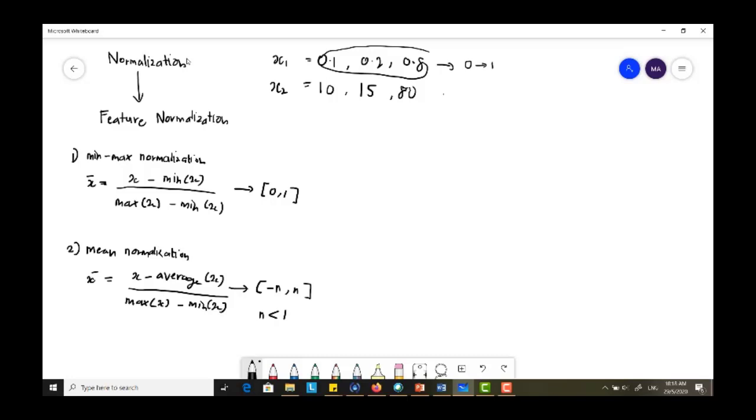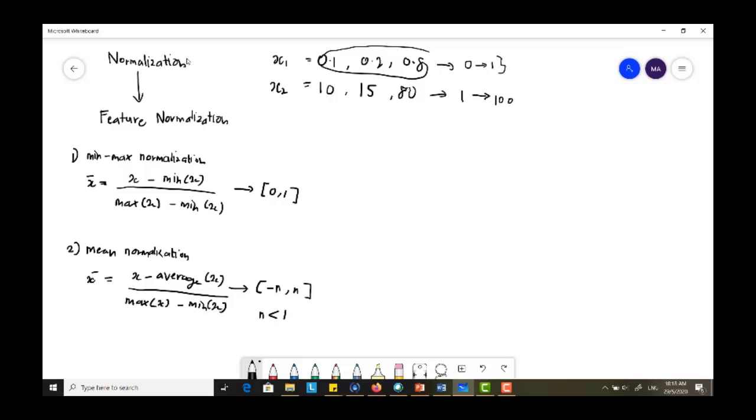But for this one, the minimum is 10, maybe it starts with 1, and the range can go up to 100. Just assume that this x2 set of numbers is in this range, but this set of numbers is in this range. So you can see the range is not similar.